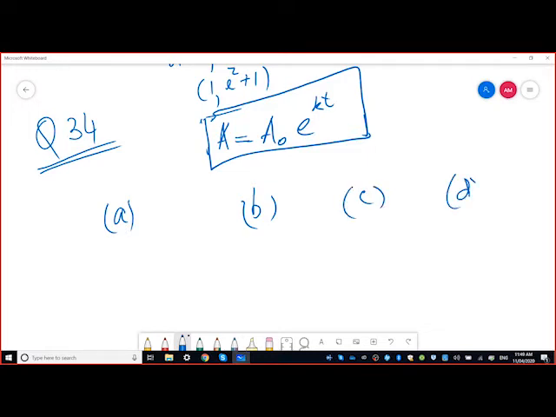We have an equation, so let me write it: A is equal to 100 times e to the power of 0.08t.